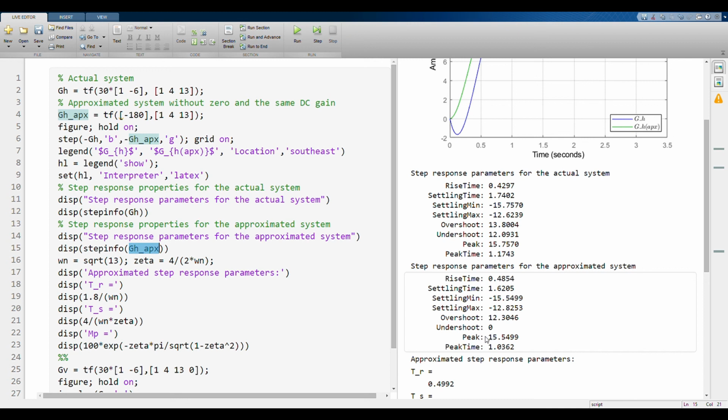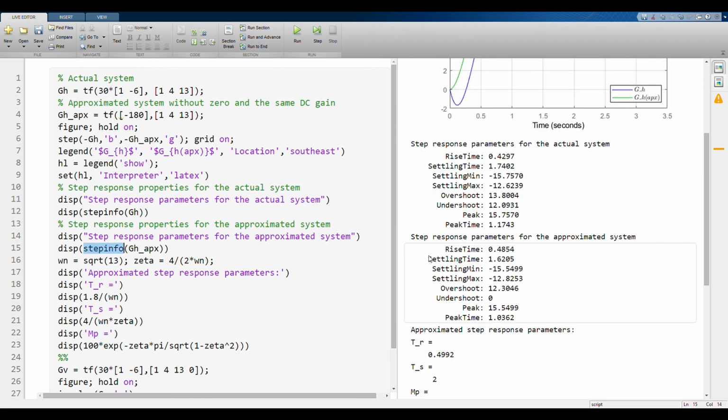The overshoot is a little bit bigger than what we have for the actual system, and also there are differences in terms of the peak value and the peak time. So these are what we get from the step info command for the approximated system.